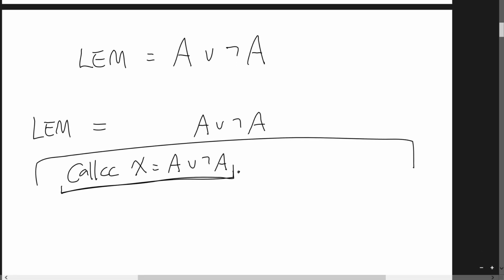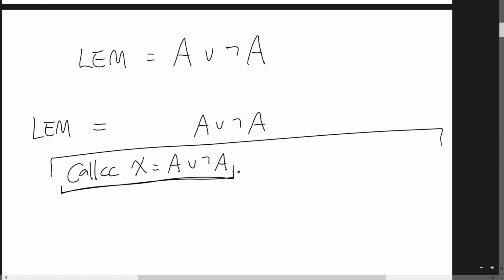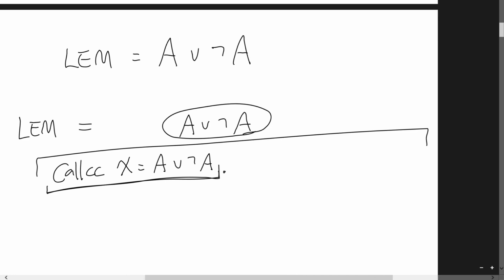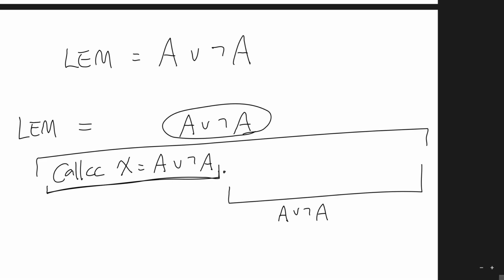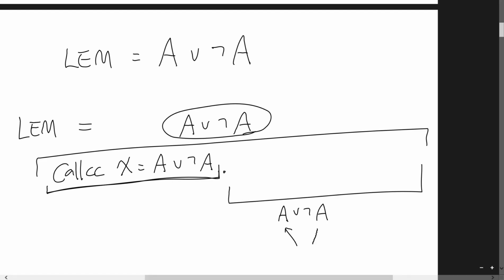Now, this is going to be a proof term of type A disjunction negation A. Here you are supposed to find a proof term of A disjunction negation A. Now you have to make a choice, taking the left side or the right side.